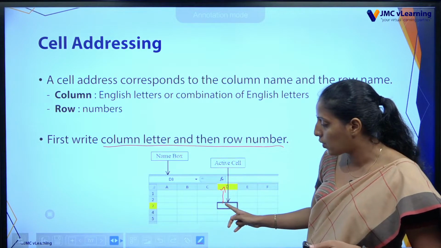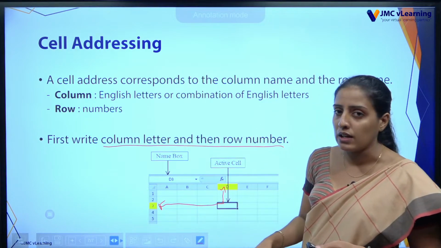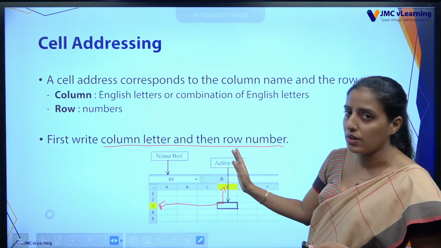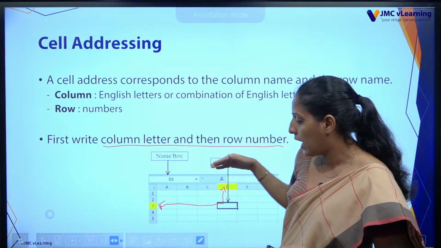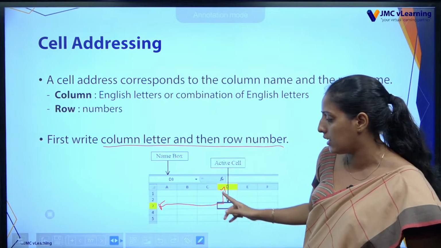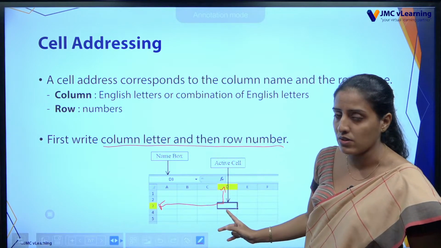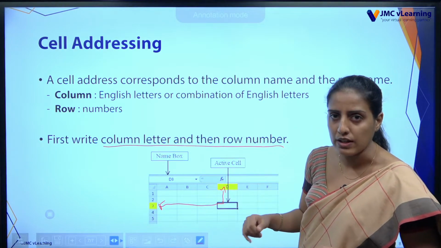Then go to the row. Now you can see 3. That means vertically you go to the column, which is D, and then horizontally you go to the row, which is 3. D3 is the cell address of the currently activated cell in Microsoft Excel.